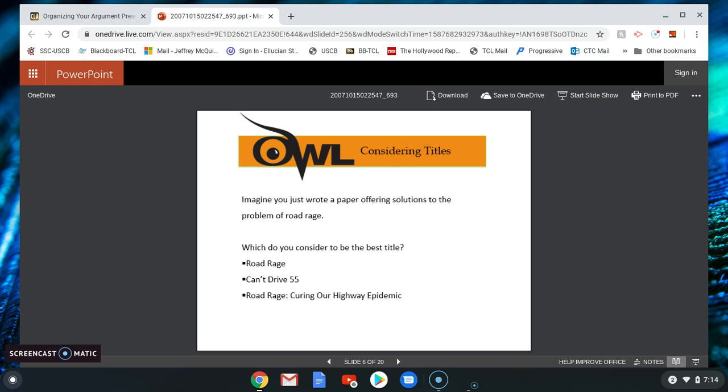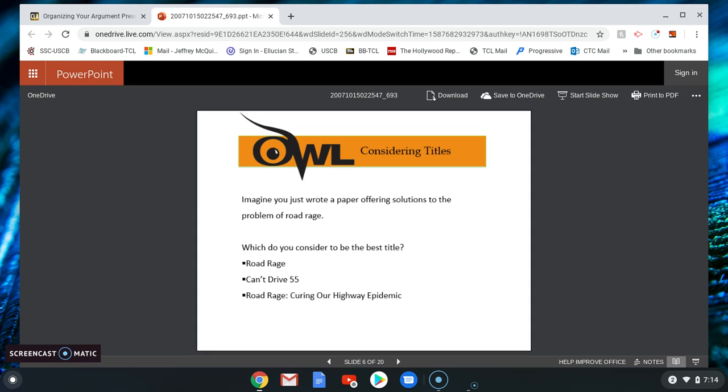So, the example right here. So you just wrote a paper offering solutions to the problem of road rage. Which would be the best title for this particular paper? Road Rage, Can't Drive 55, or Road Rage: Curing Our Highway Epidemic? The first option, Road Rage, is no good because that's just stating the topic. And that's not very interesting.